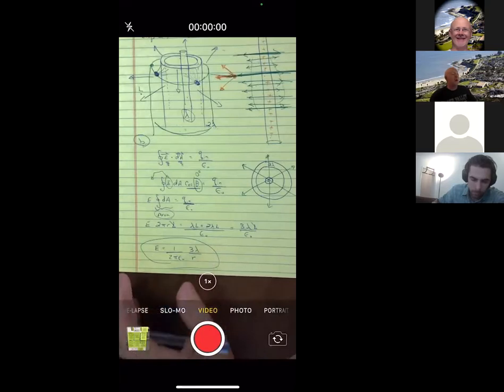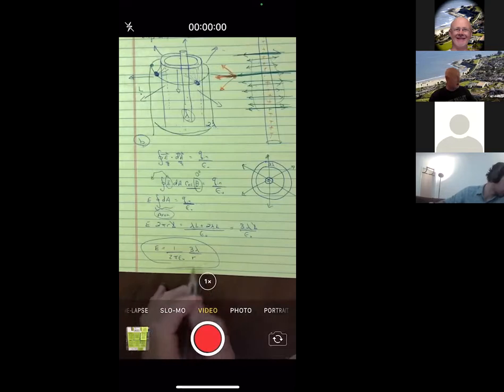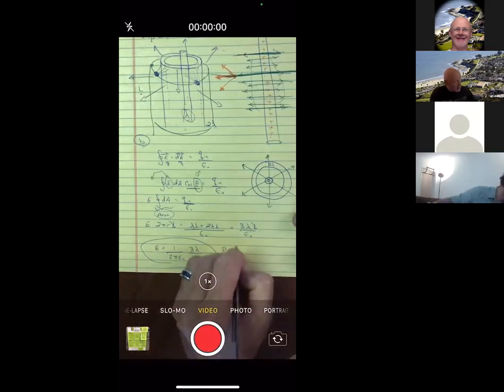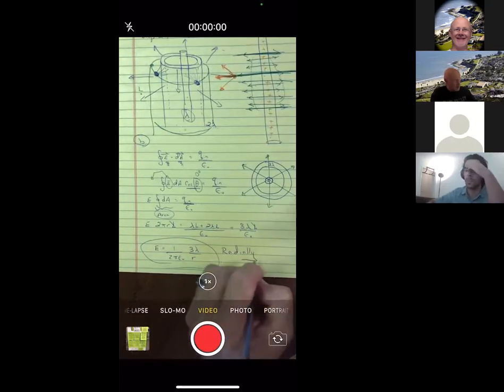Now, before I go back to B, I probably should just check that I'm not off step yet. Let's see, they've got the 3 lambda over 2 pi epsilon naught r for part B. Oh, they do go on to do a little better and say radially. And so I'll do the same thing.